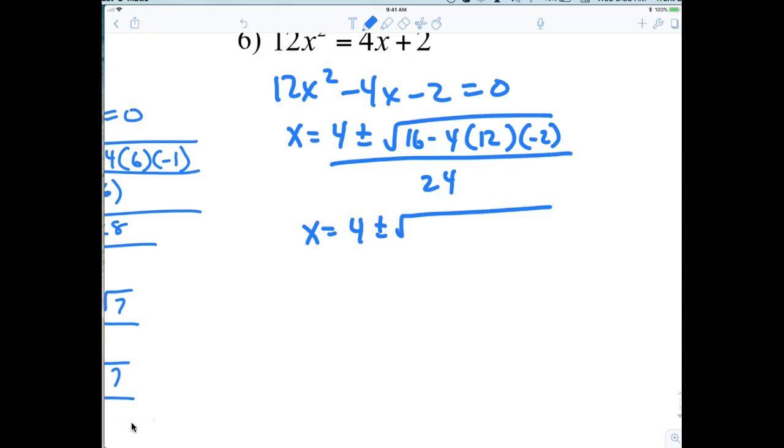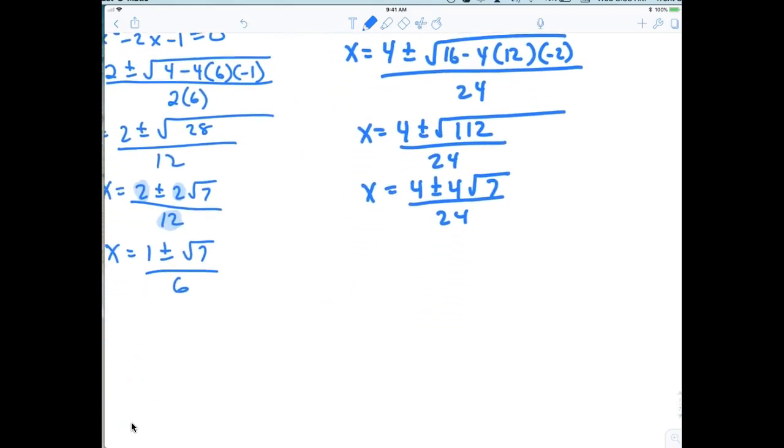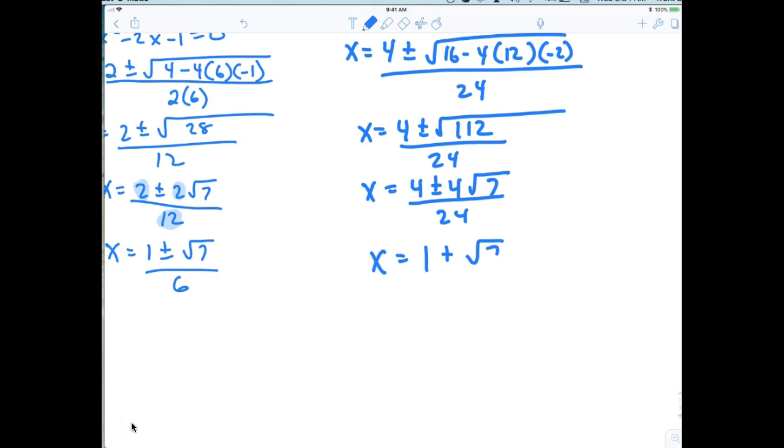So it's 112. And then 112 can break down. So x equals 4 plus or minus 4 radical 7 over 24, right? And now we divide by 4. So x equals 1 plus or minus the radical 7 over 6. Same answer. Good now?